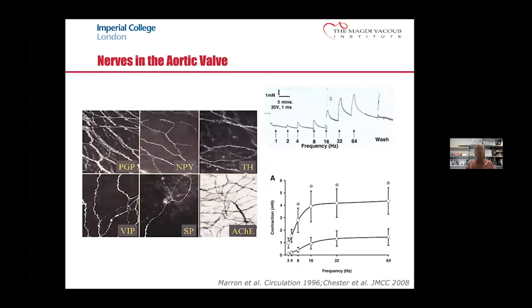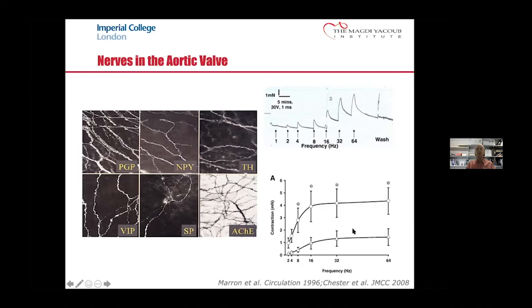Just to further elucidate the complexity of the role of contraction, valve cells also contain a neuronal supply, and this could be shown to be parasympathetic, sympathetic, or peptidergic. So I then also took valve segments in exactly the same manner and electrically stimulated them and witnessed, as shown in this trace, contractile responses to electrical stimulation, which is shown in the dose response curve in the lower panel.